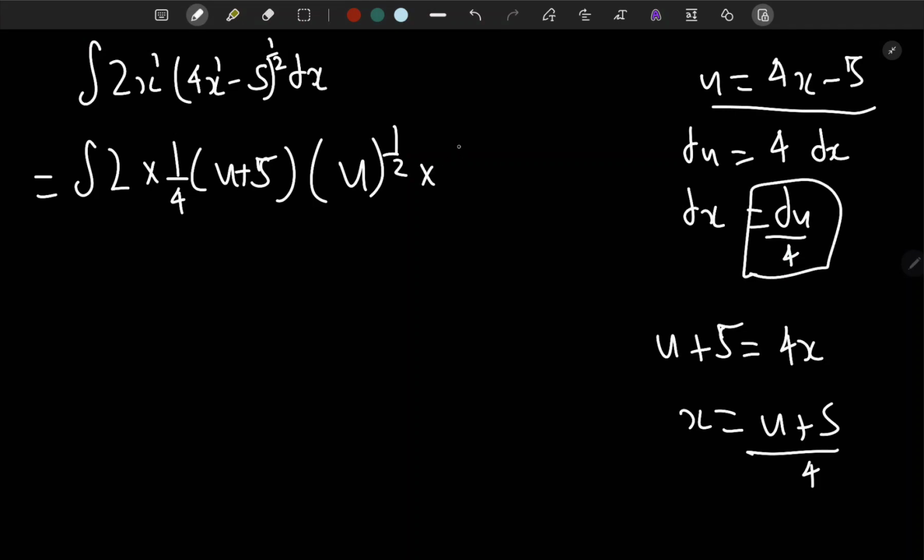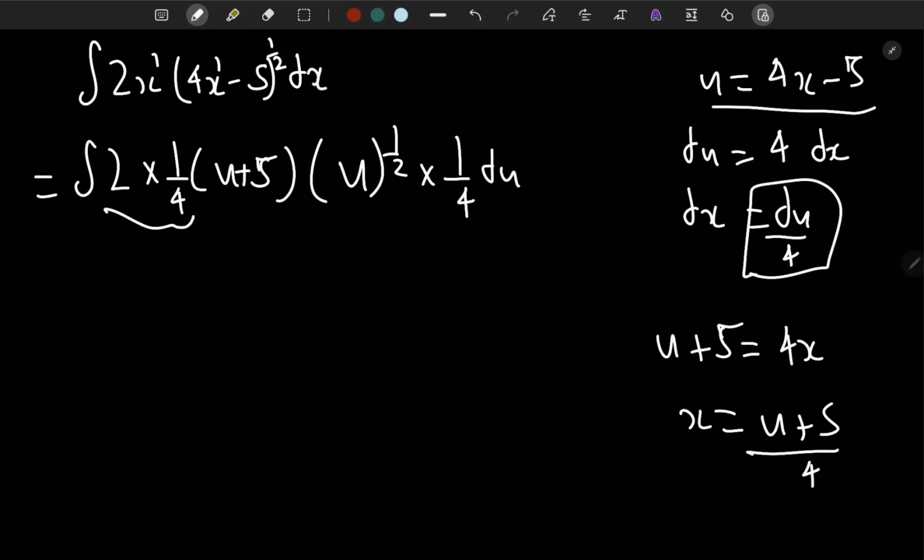So I'm just going to write 1 over 4 du. Now to make it simpler, we can take all the non-u terms outside, which is 2 times 1 over 4 times 1 over 4. So this is half, and then half times 1 over 4 is going to be 1 over 8.